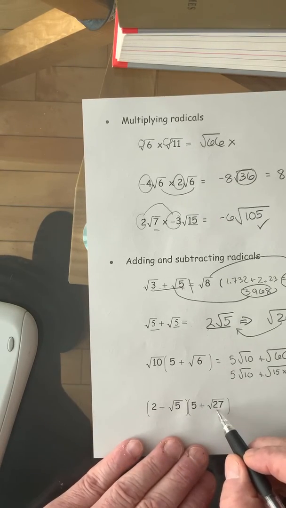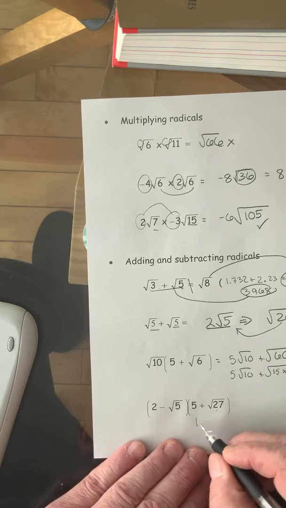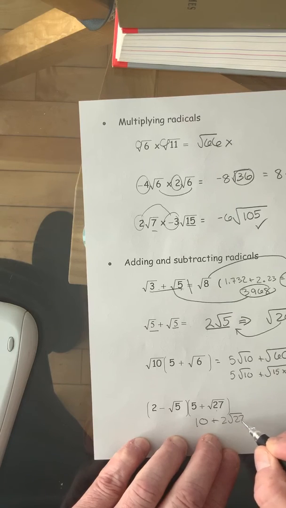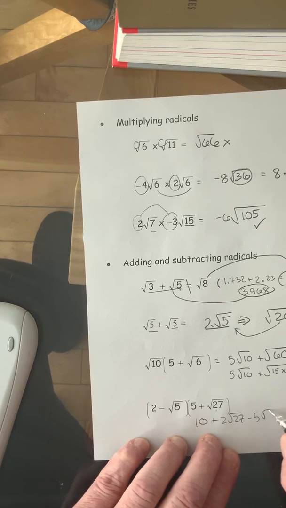Here I'm going to use FOIL. 10 plus 2 root 27 minus 5 root 5 minus root 135.